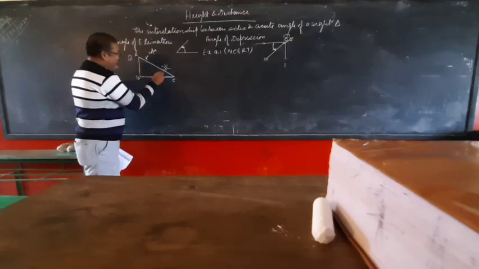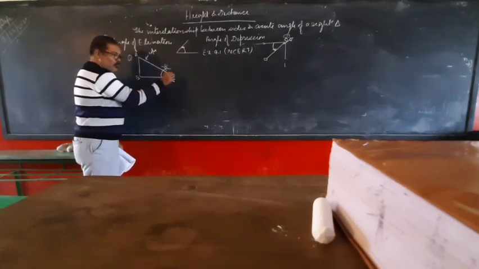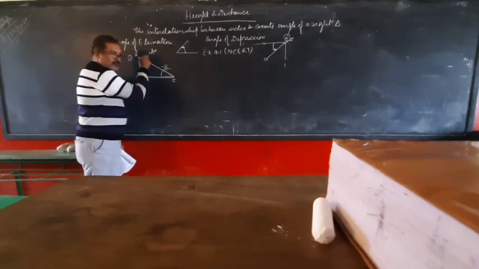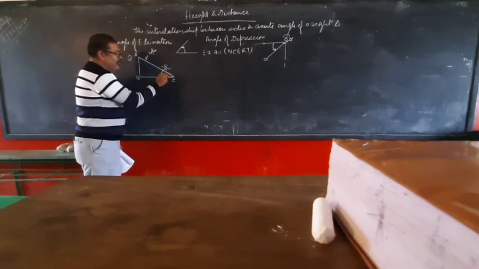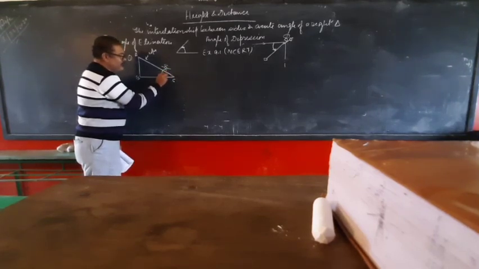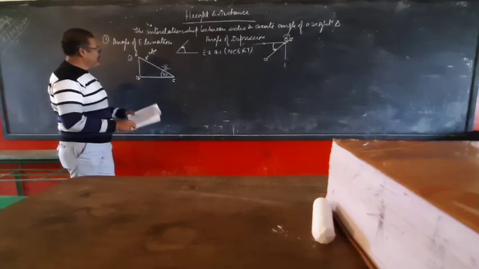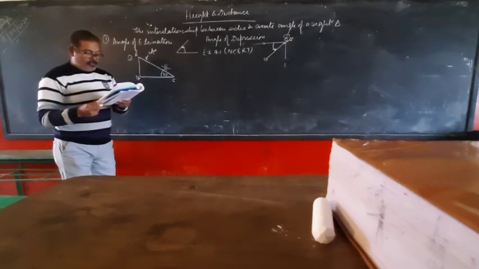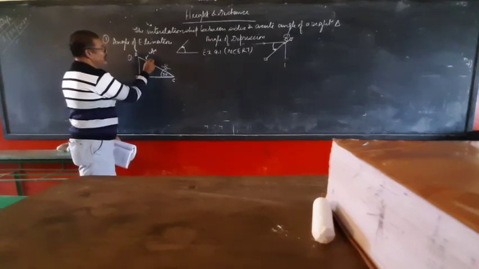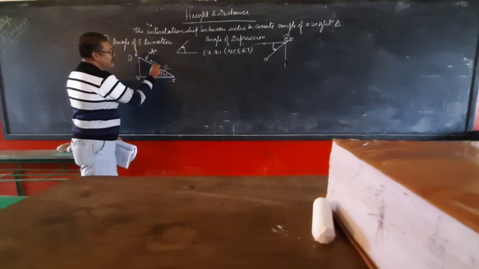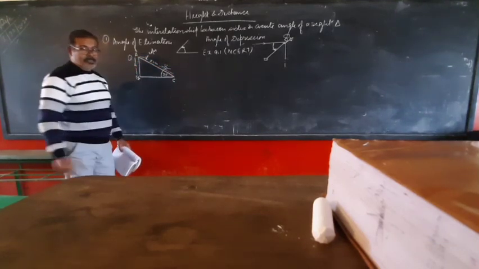The angle of elevation of this rope, which is tied very tightly, is 30 degrees. One more piece of information you have been given: the length of this rope is 20 meters. We have to find the height of the pole.